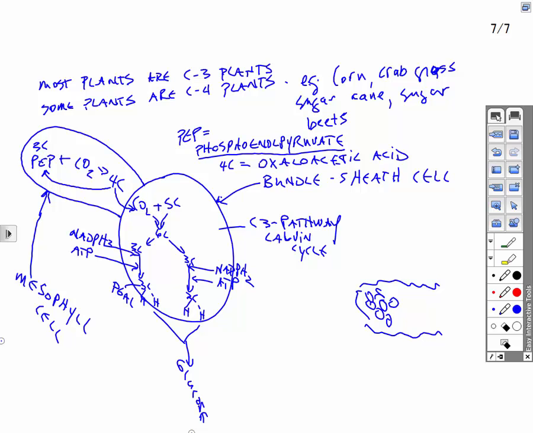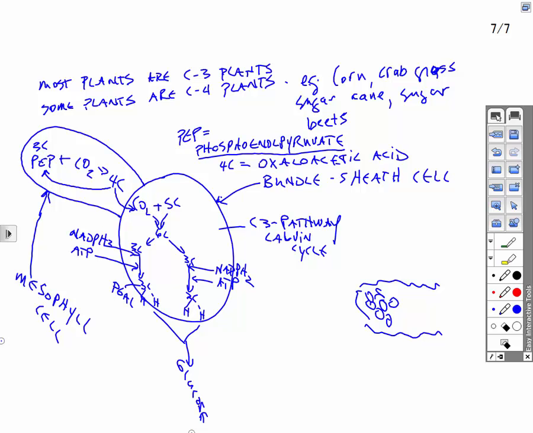So what you're doing is slamming a whole bunch of CO2s into this bundle sheath cell right here, where you're doing really the C3 path. You're just pumping a whole bunch of CO2 into the cell that does the C3. The more CO2 you can pump in here, the more sugar you can get out of it.